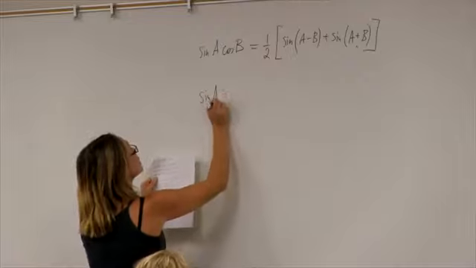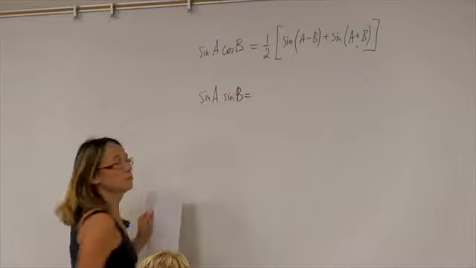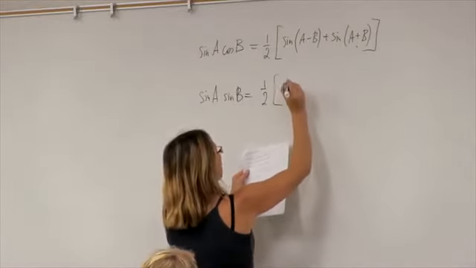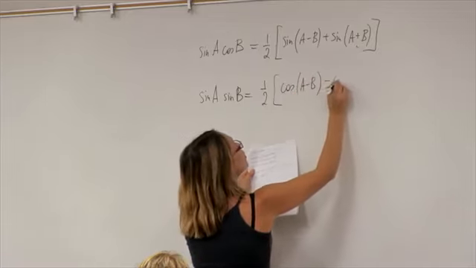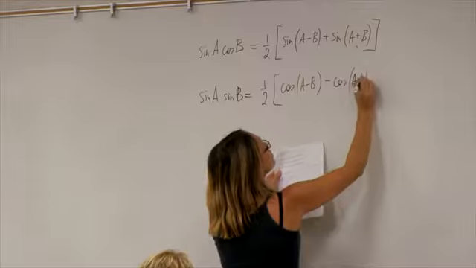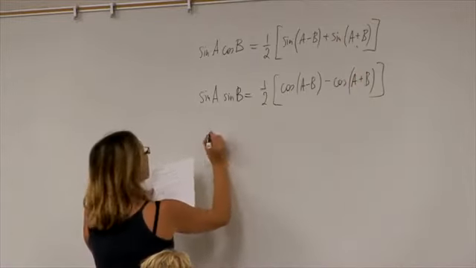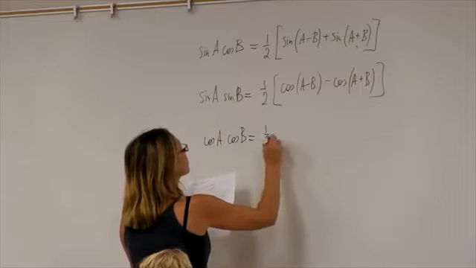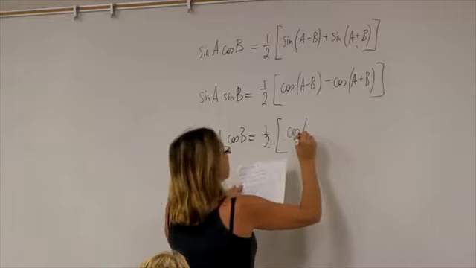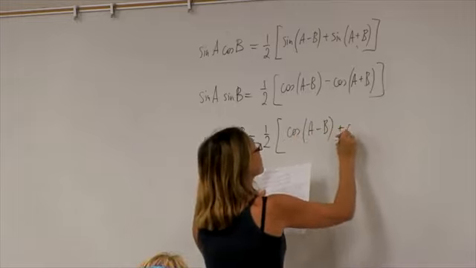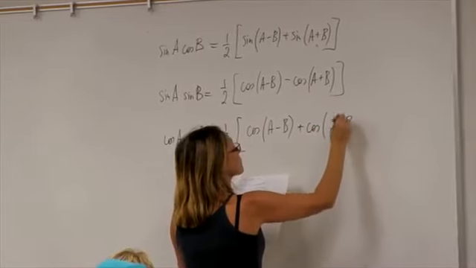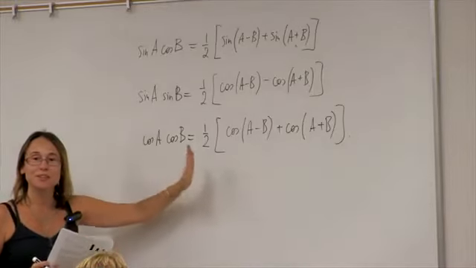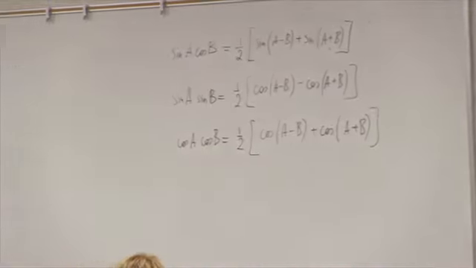The next one involves sine A, sine B. Similarly, I end up with a sum, cos A minus B minus cos A plus B. And the third one is cos A cos B. So the ones on the left are hard to integrate. The ones on the right are easy to integrate. That's why we're using them.